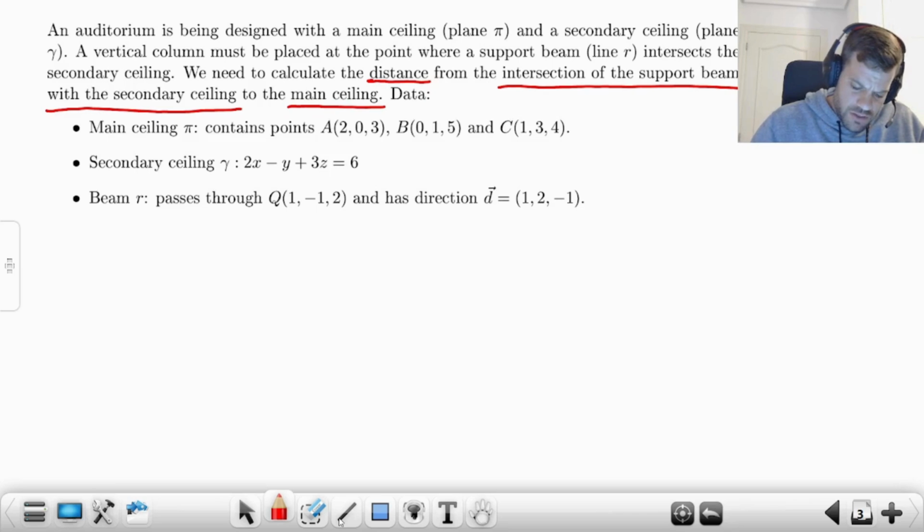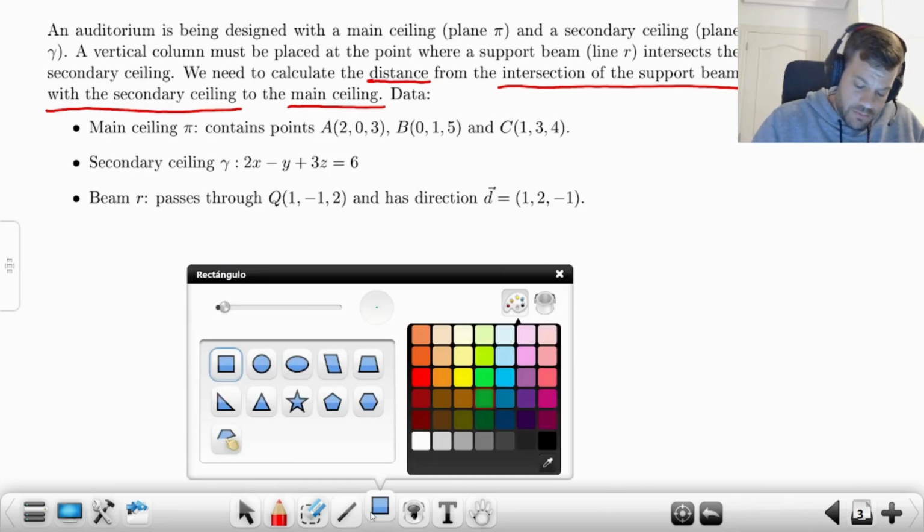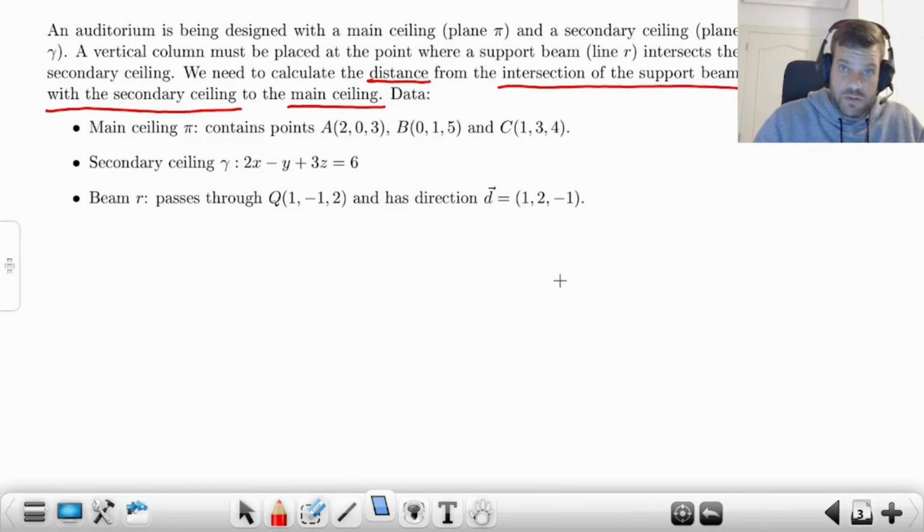So as usual, we can make a sketch, even though it's not very accurate, just to have a rough idea of what's happening.